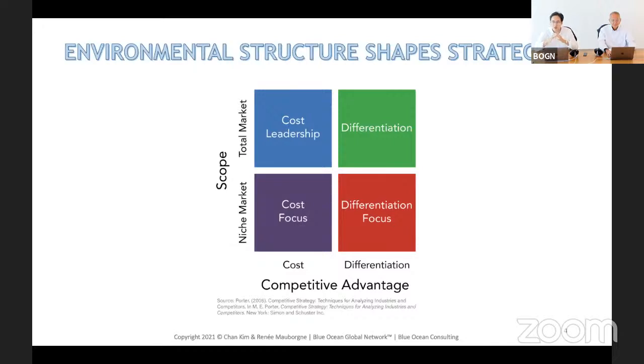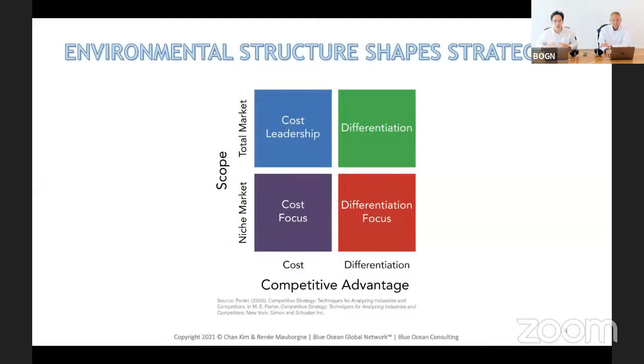So if you think about these two conditions, scope and competitive advantage, there really are just four what you call generic strategies for a firm. So you have cost leadership, you have differentiation, you have cost focus, and then you have differentiation focus, right? If you want to target the total market in a private sector, for example, let's say in logistics, you can compete by appealing to very cost-conscious customers, right?